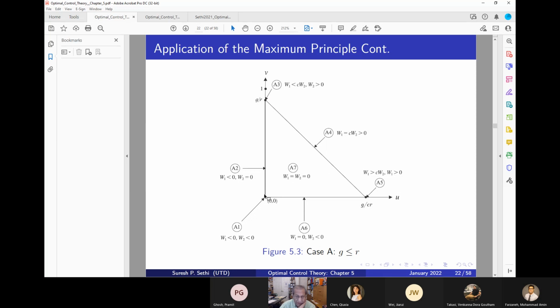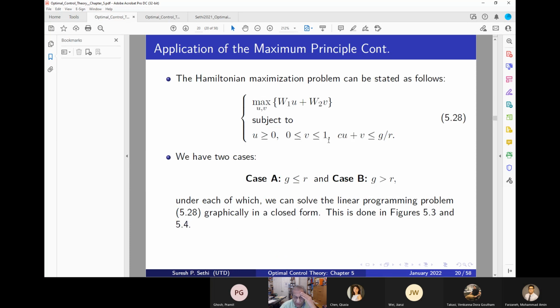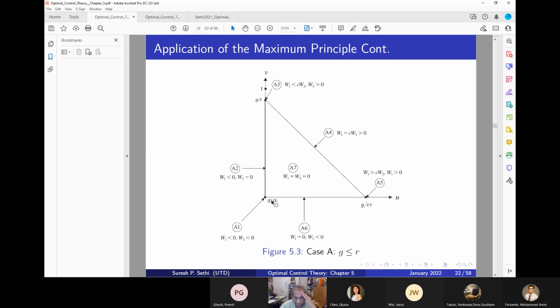You can also call every point along these an extreme point. But notice, if W1, W2 is 0, the solution doesn't matter. It can be anywhere. But if W1 is less than 0 and W2 is less than 0, both less than 0, then 0, 0 is a solution.